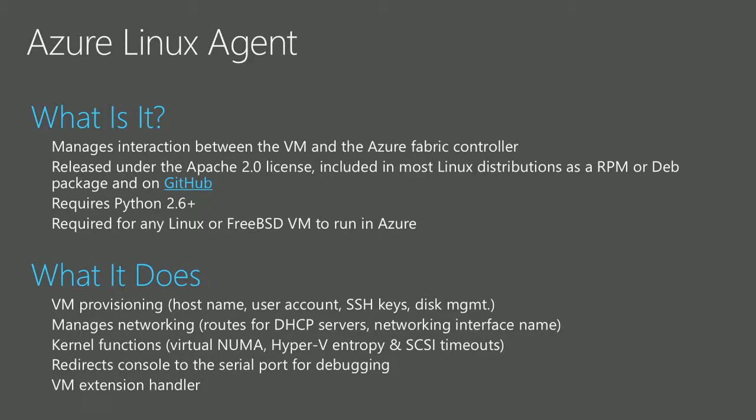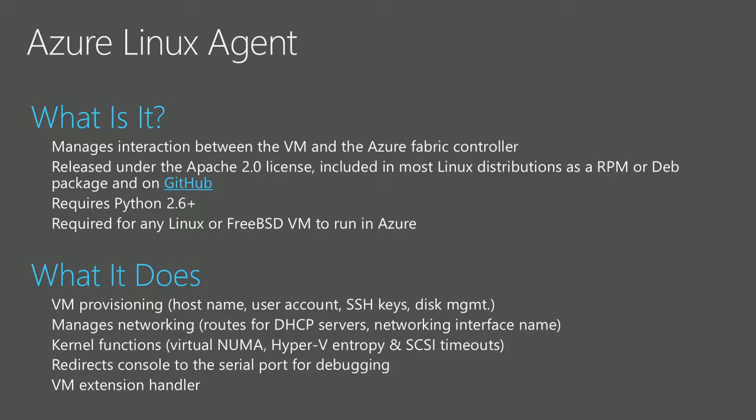So the WALA agent, Windows Azure Linux agent, does all these functions. Another important thing for diagnostic purposes: it redirects the console to your serial port, so you can do debugging when things go wrong. That's another key function it provides.